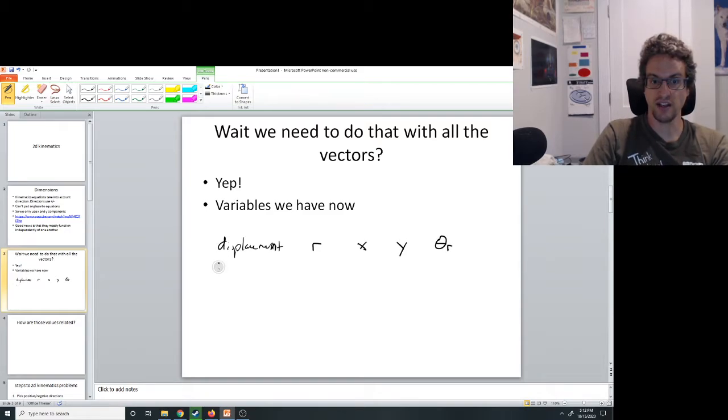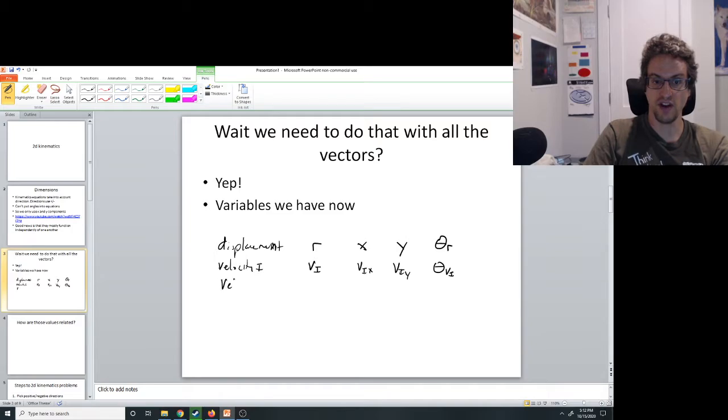For initial velocity, we've got v initial, v initial x, v initial y, and the angle of v initial, or theta v initial.